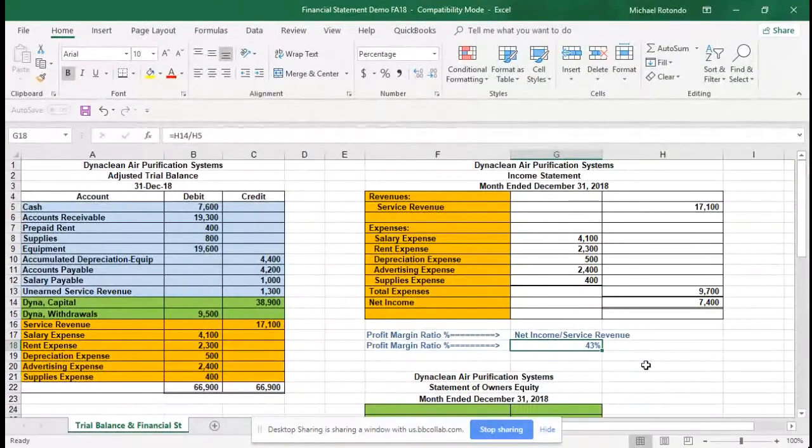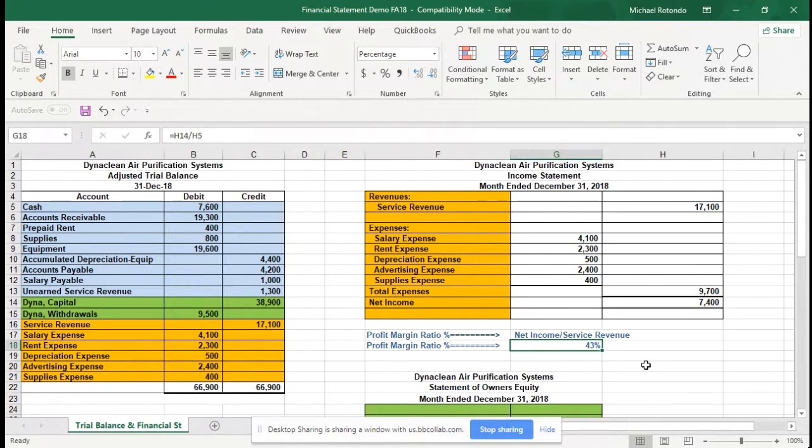Now, we don't know if that's good or bad just by looking at this. It looks pretty good, but we would have to compare it to other companies in the industry, to our own history as a company, and make sure that it's consistent. If it's higher than normal, that's great. If it's lower, we want to know that as well.